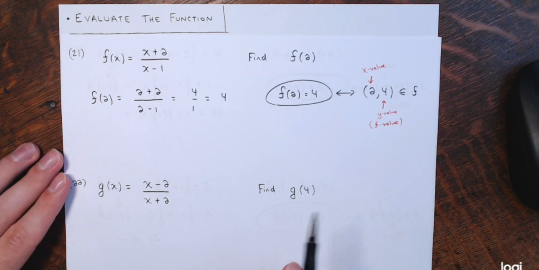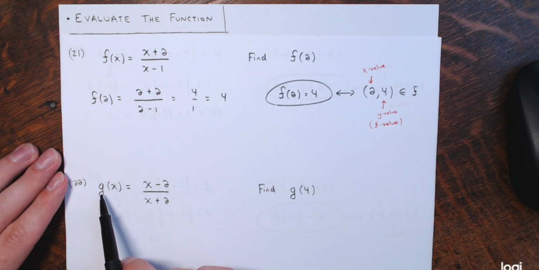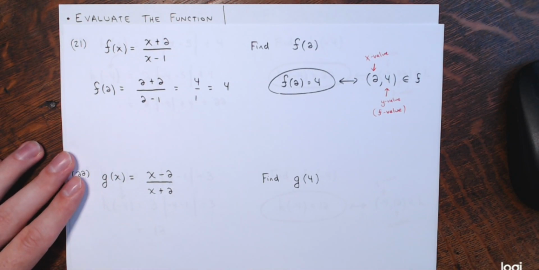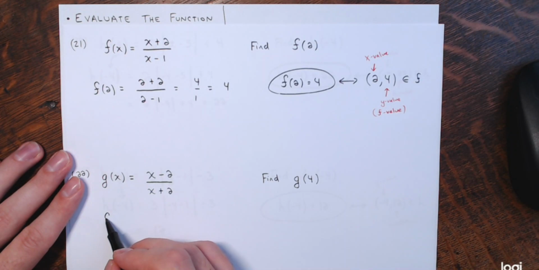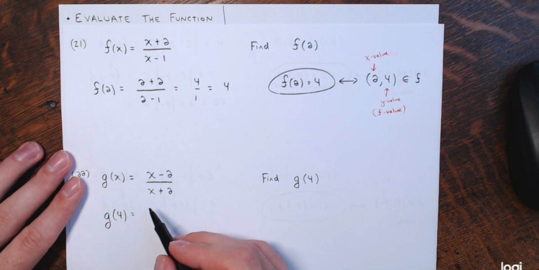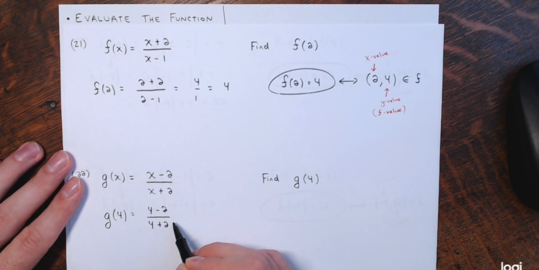Finally, last example, we have a function called little g, and the input variable is x. g of x equals x minus 2 in the numerator divided by x plus 2 in the denominator. What's g of 4? What's the value of g at 4? Replacing all the x's with 4, we have 4 minus 2 in the numerator, 4 plus 2 in the denominator.